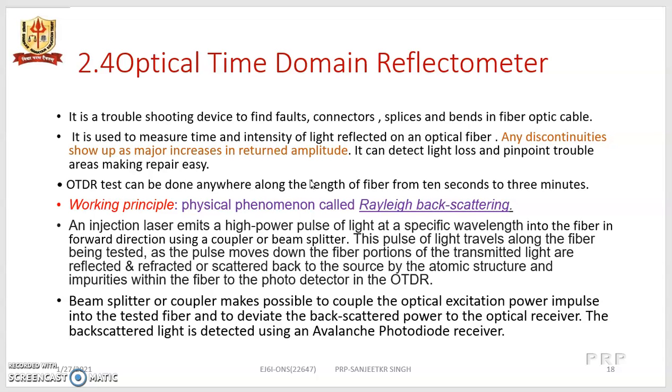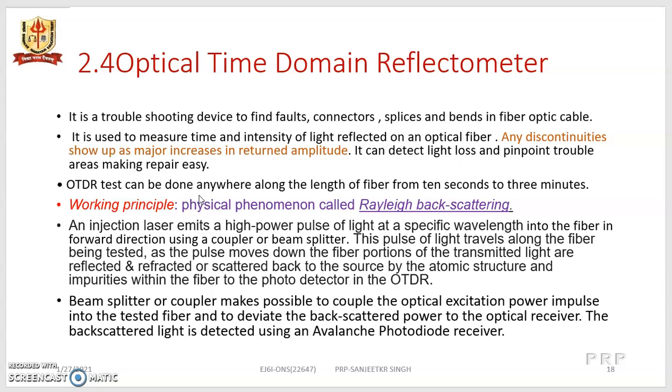It can be used for measuring the length, for locating a fault in the optical link, and to measure the attenuation, the connector and splice losses, and reflection level at the different lengths of the fiber. So any discontinuities or non-uniformities will appear as a measurable increase in the returned amplitude of the backscattered light.